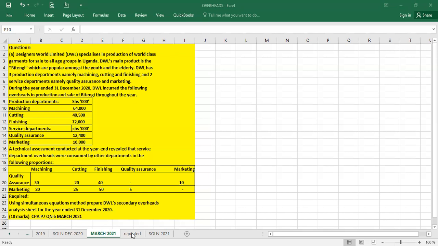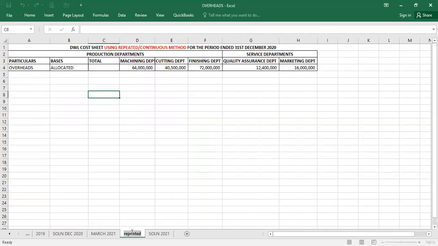So we can go ahead and see how we are going to be solving this. And I've made the title. The title says DWL cost sheet using the repeated or the continuous method for the period ended 31st December 2020.